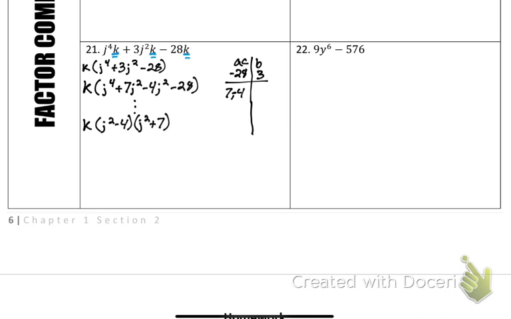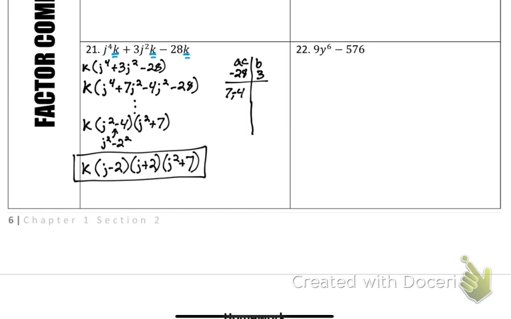A squared minus B squared equals A minus B times A plus B. This right here is a difference of squares, so we can factor once more. This is j squared minus 2 squared. So we can rewrite that as j minus 2 times j plus 2 times j squared plus 7. So we have to go that one extra step.